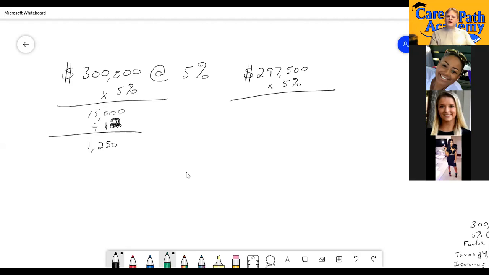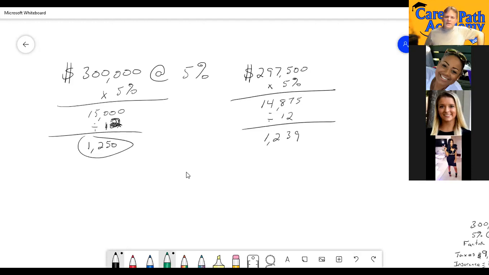Now times 5%. Let's see how much our interest would be. Is it going to be $1,250 still? Well, times 5%, that's $14,875. Divide that by 12 monthly payments, and that month it would be $1,239 and change. See, by paying down the principal, the amount that you owe, you pay less in interest.